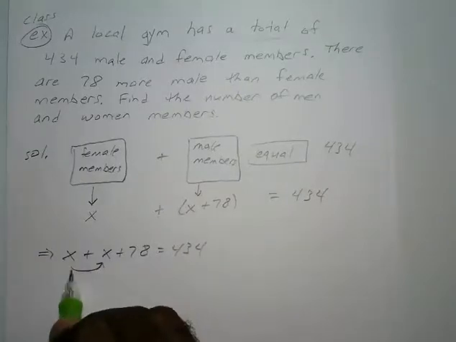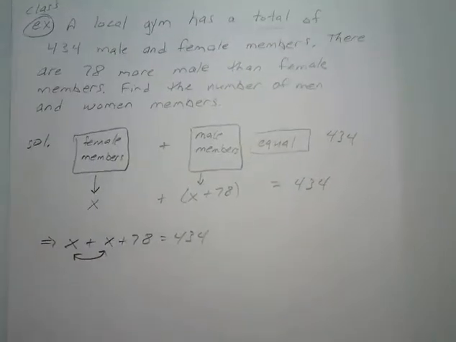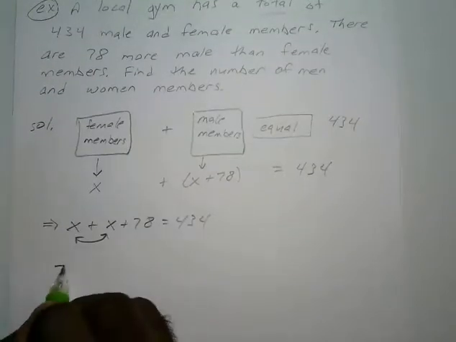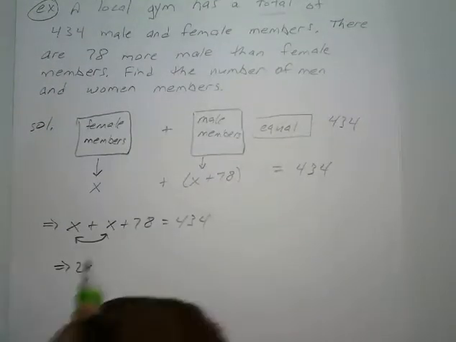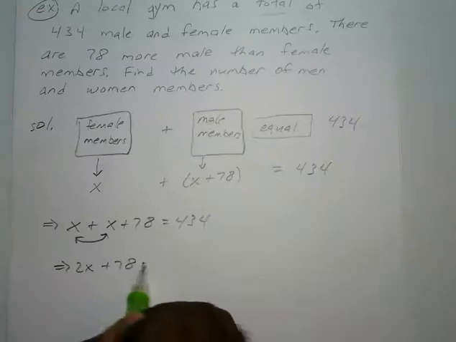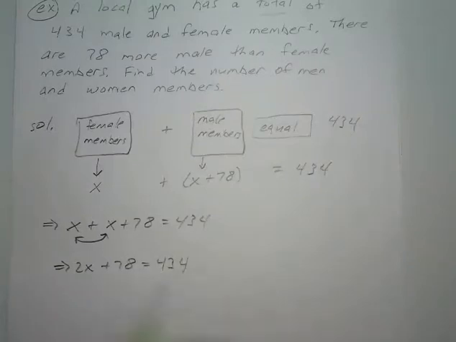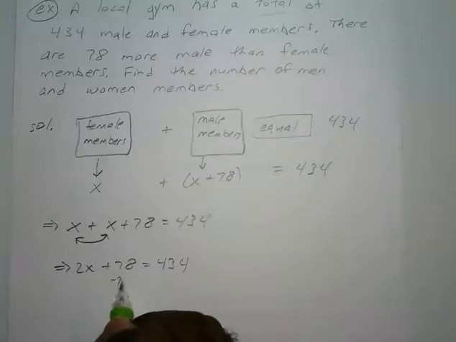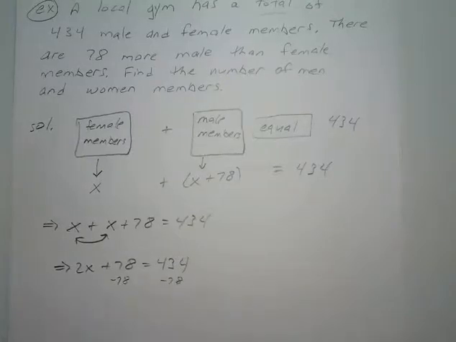So if we combine those two, x plus x is 2x. So we have 2x plus 78 equals 434. If we subtract 78 from both sides, those two cancel out.